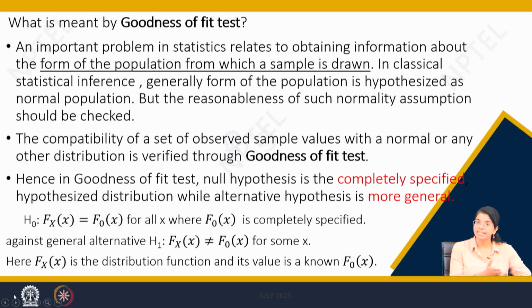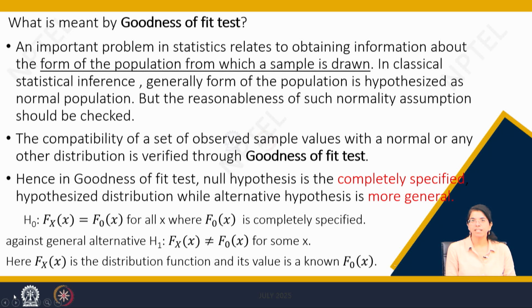You have to test whether really these observations are coming from the normal distribution, and then you can proceed for further analysis. But the reasonableness of such a normality assumption should be checked, and that's the motive, that's the objective of studying goodness of fit test.